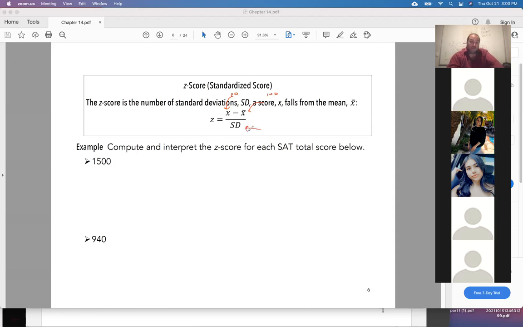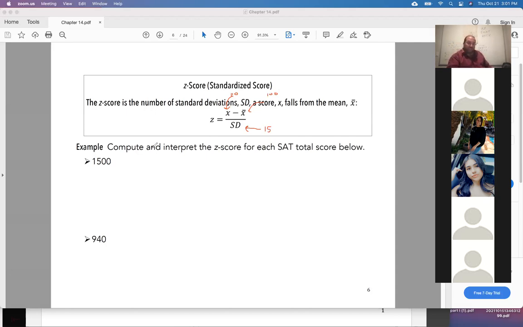And then you divide that by the actual standard deviation. That tells you how many standard deviations you are above or below the mean. Make sense? We saw it in the last problem. 110 minus 100 was 10 over 15, 2/3.